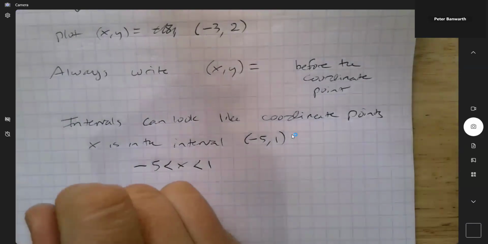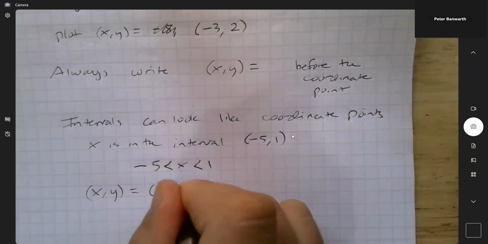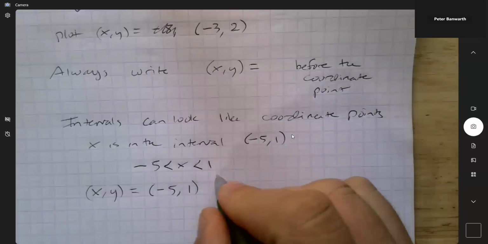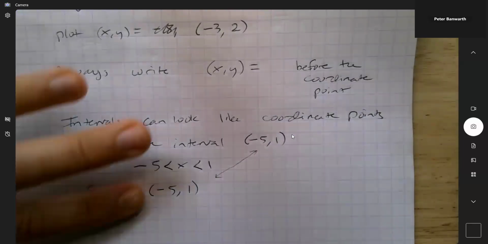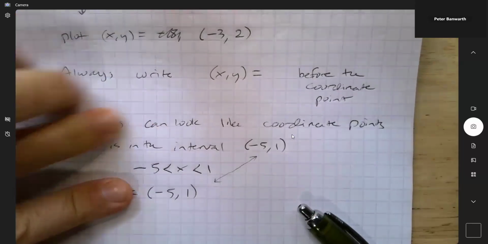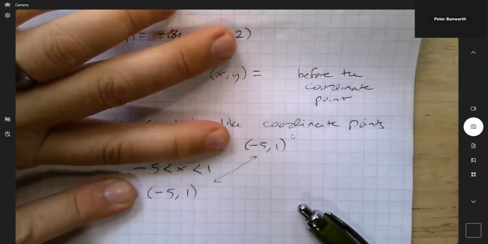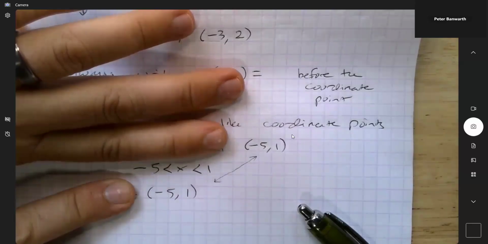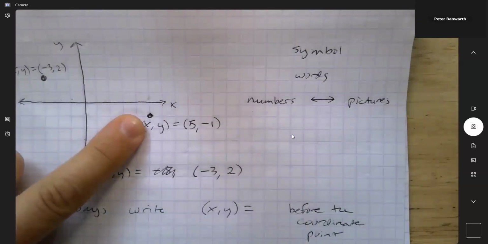And compare that to that coordinate point I just asked you about, x, y equals -5, 1. Those look the same. And so if you leave these two parts off, the xy equals and the -5, 1, I don't know, am I talking about that interval or am I talking about that coordinate point?